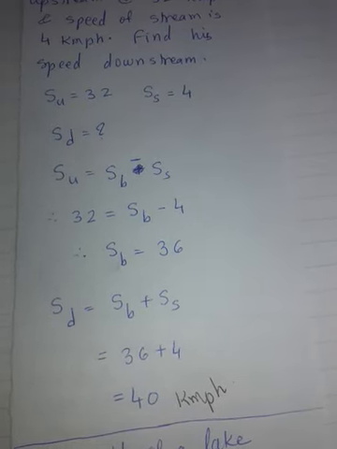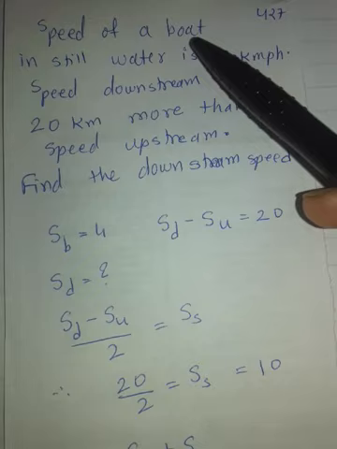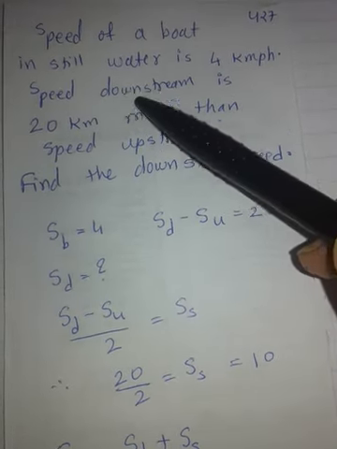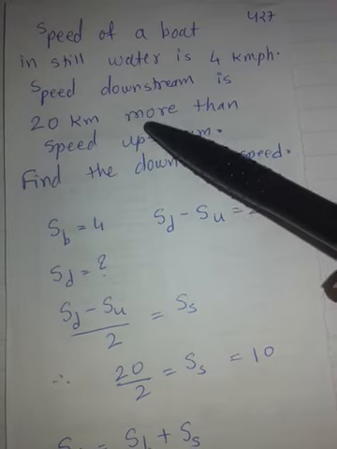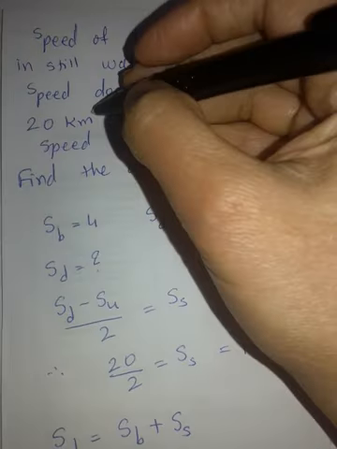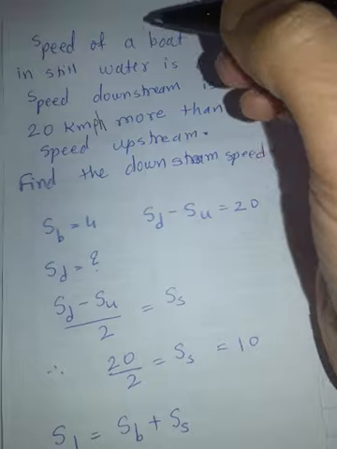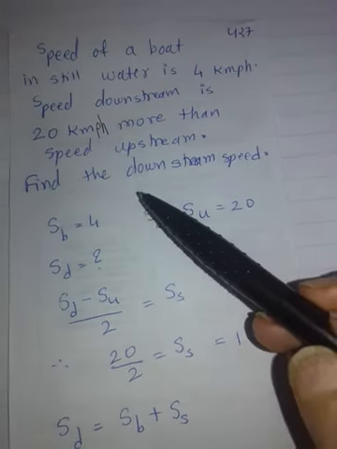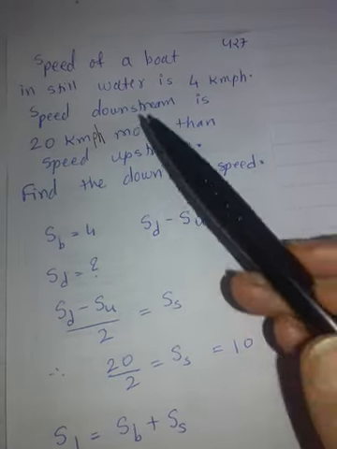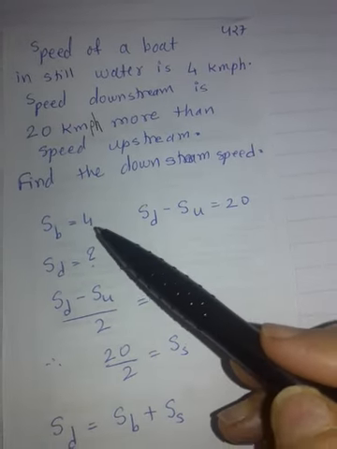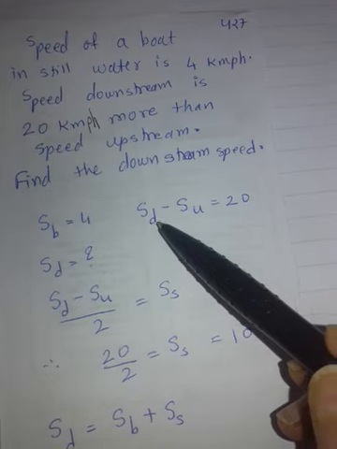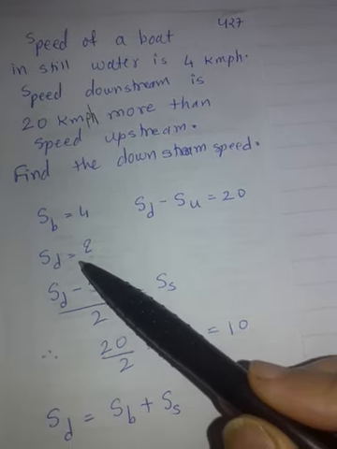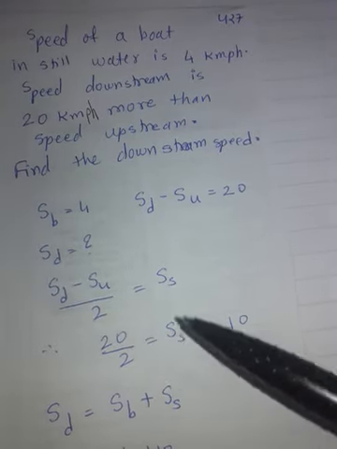Let's move to the next problem. Speed of a boat in still water is 4 kmph. Speed downstream is 20 kmph more than speed upstream. Find the downstream speed. So speed of boat in still water, SB, is given to us. Difference between downstream and upstream is given to us, 20, and we are asked what is SD.